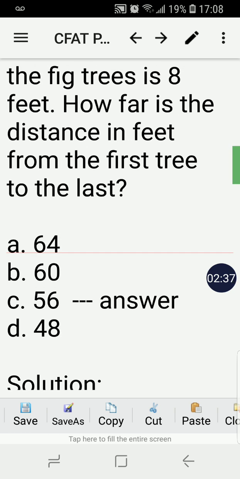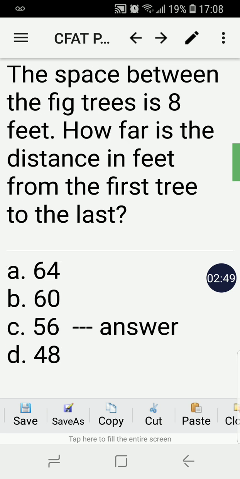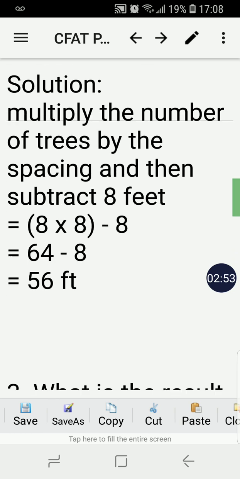So just by reading the problem, it looks like, oh, multiply 8 by 8 and then 64. But that is incorrect. So the solution is to multiply the number of trees by the spacing and then subtract 8.